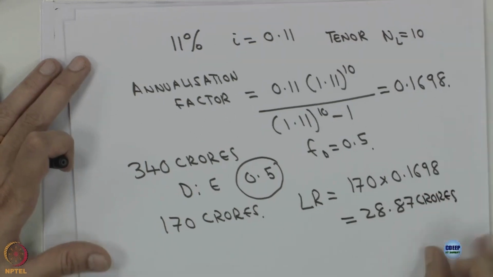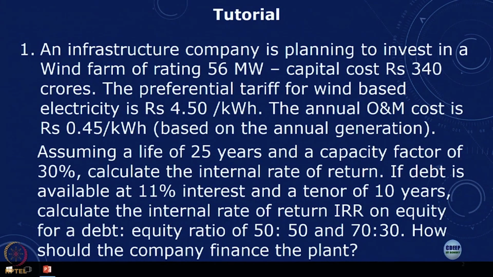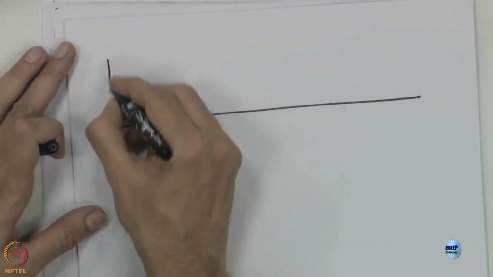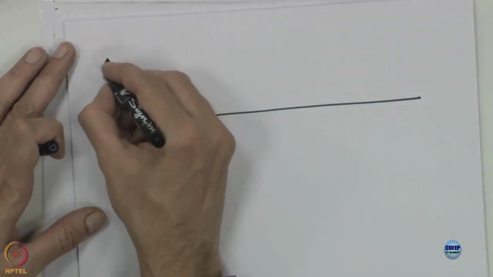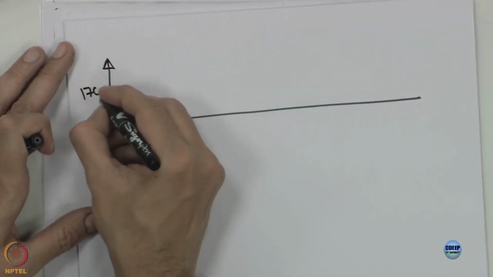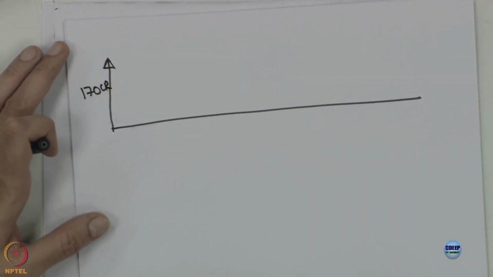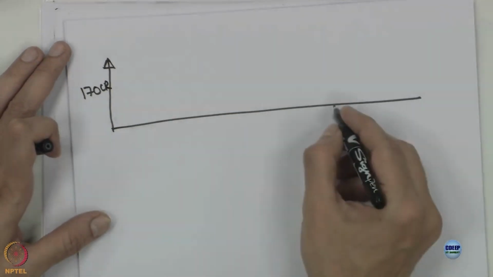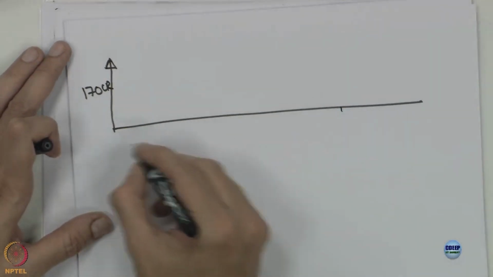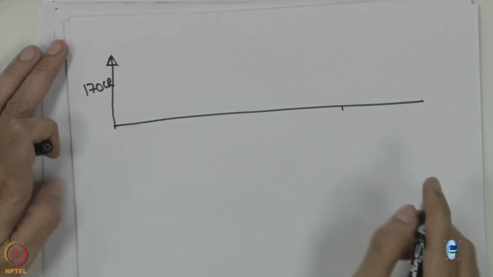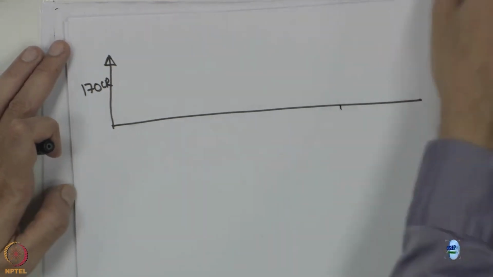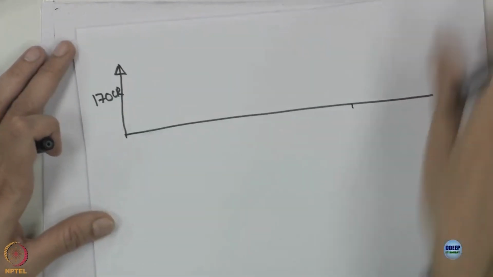So now what happens to our stream of cash flows? Now we are only paying 170 crores of equity, and in each year, in the first 10 years, you remember we were getting 59.6 crores each year.